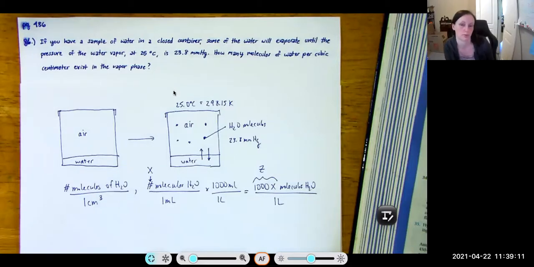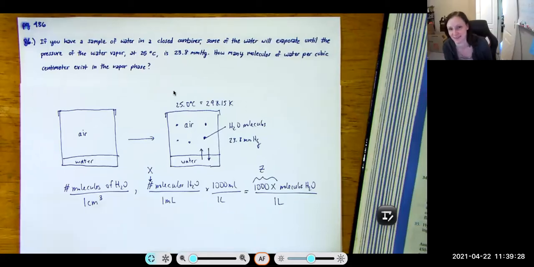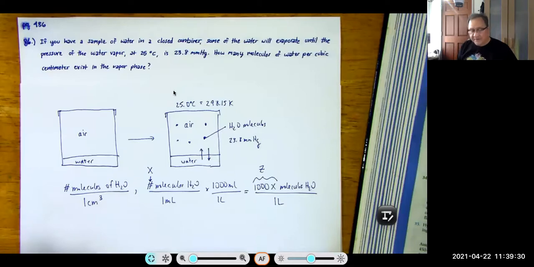Oh, point one. Because there's 1,000 milliliters in a liter. So that means if you have 1,000 in there, it's 1 per milliliter. If you have 2,000 molecules, the idea here is that I can figure it out later. But since I want to work with liters, I'm going to figure out how many molecules per liter. Then I'll figure out how many per milliliter. Okay. Fair enough?